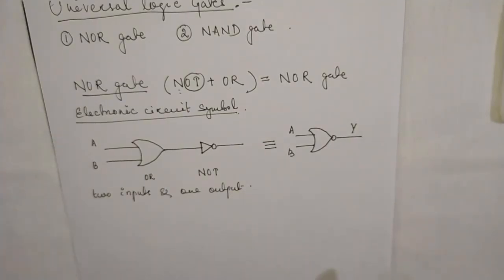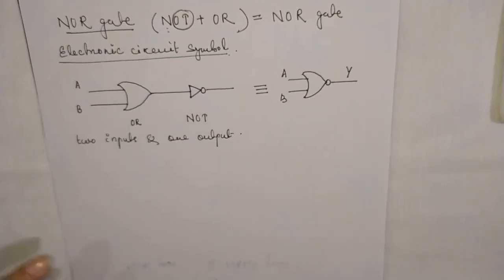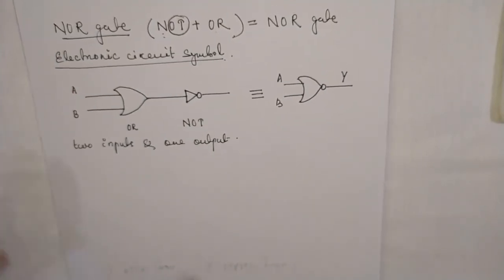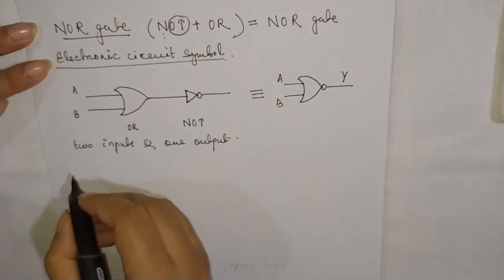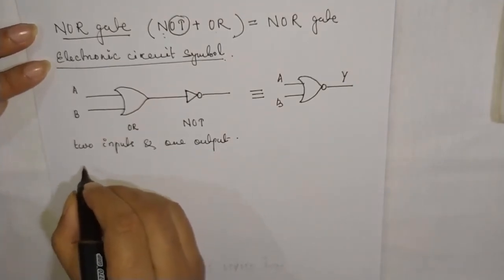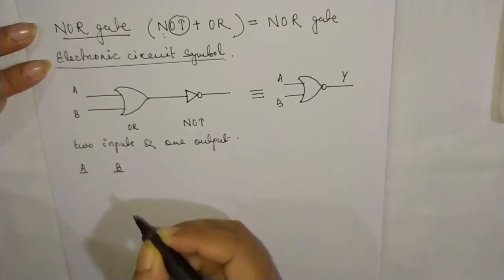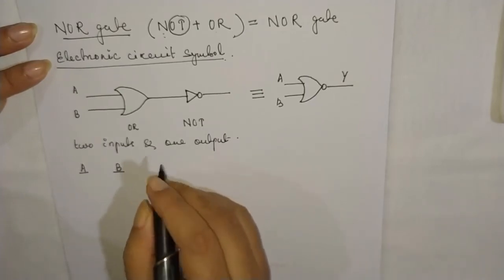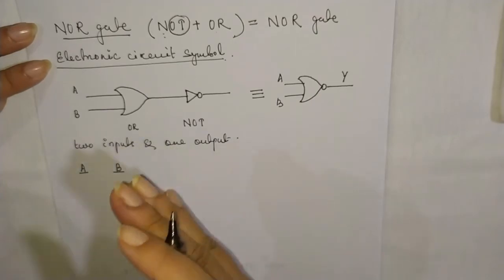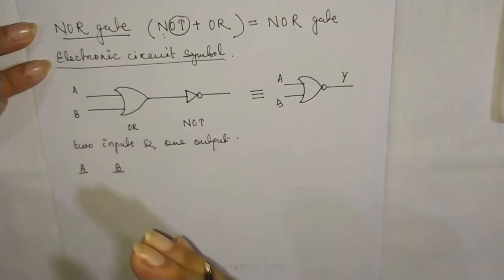So let's draw the truth table for this NOR gate. All of you know what is truth table. Previously also we have discussed. Now it has two inputs, let us assume A and B. It is actually nothing but the inverse of OR gate.